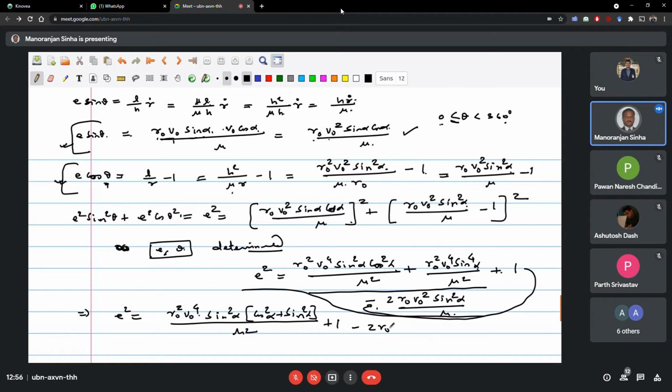Common number 2 R0 V0 square. So this is the expression for C in a little simplified form.